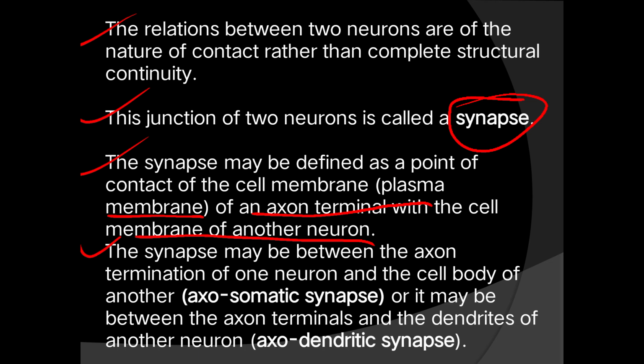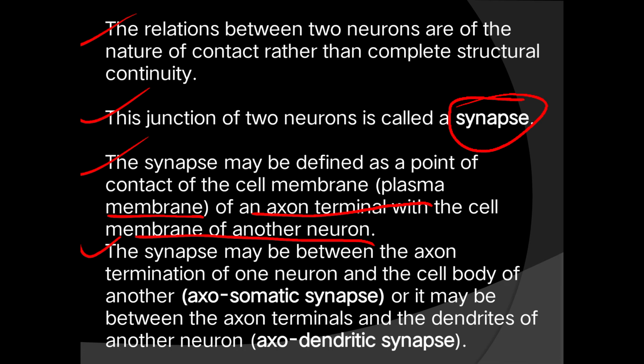A synapse may be between the axon terminal of one neuron and the cell body of another, which is an axosomatic synapse. So it may be of two types. It may also be between the axon terminal and the dendrites of another neuron.